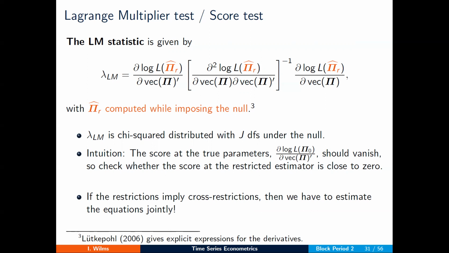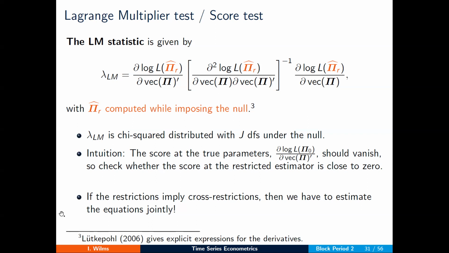And if this is close to the truth, which would be the case if the null hypothesis is plausible, then we would also be getting a small value. So again, for small values of the test statistic, you would not reject the null. We would reject the null for large deviations of the score from 0, so for large values of the test statistic.